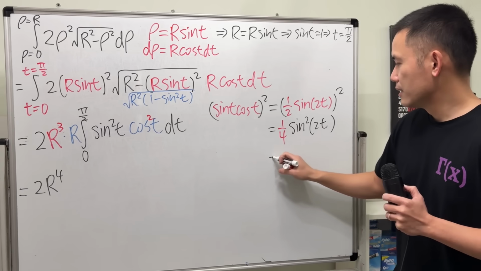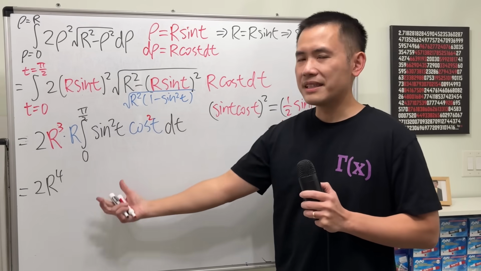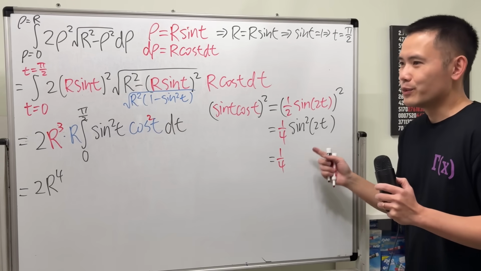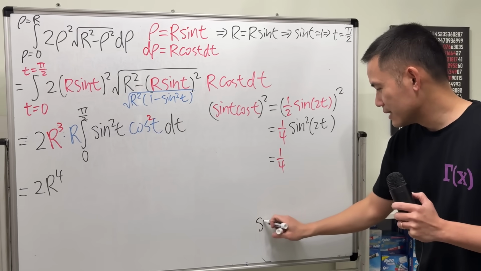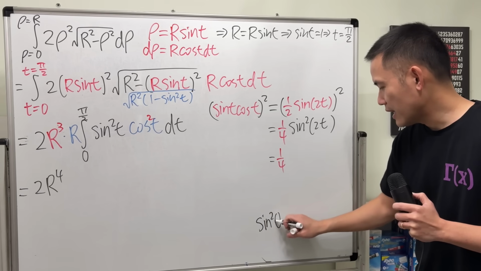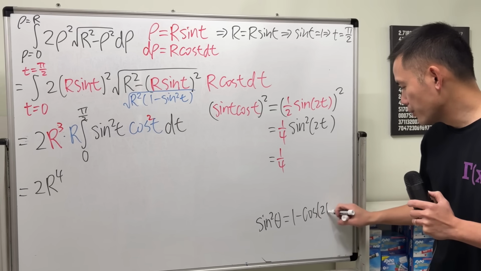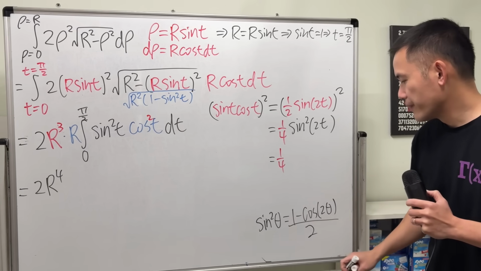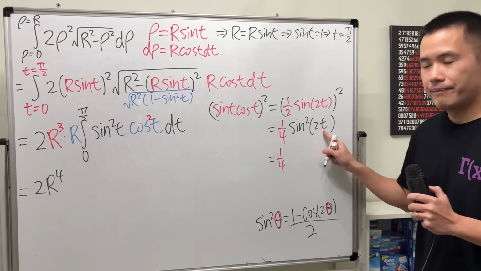Okay, not done yet. Because the 1/4 stays, if you want to integrate sine squared, you have to use the reduction formula for the power. Let me just remind you guys, sine squared of theta equals 1 minus cosine of 2 theta, divided by 2. So here, our angle theta is the 2t.